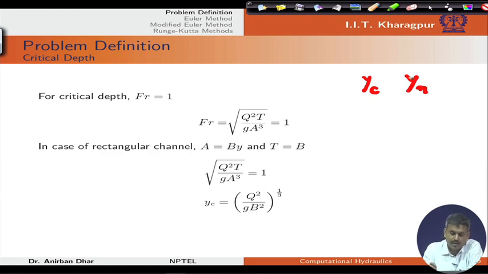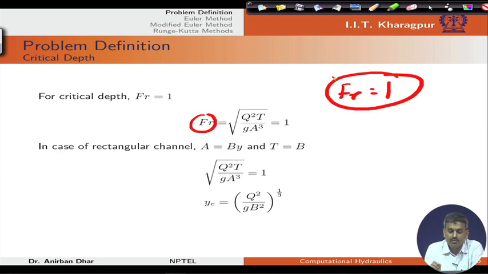Now, let us see how to find out the critical flow depth for prismatic channels. In this case, Fr we already know as square root of Q squared T by g A cubed, and this equals 1, because in case of critical flow Fr should be equal to 1.